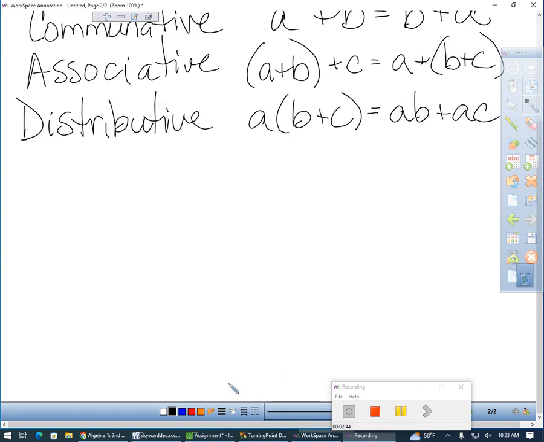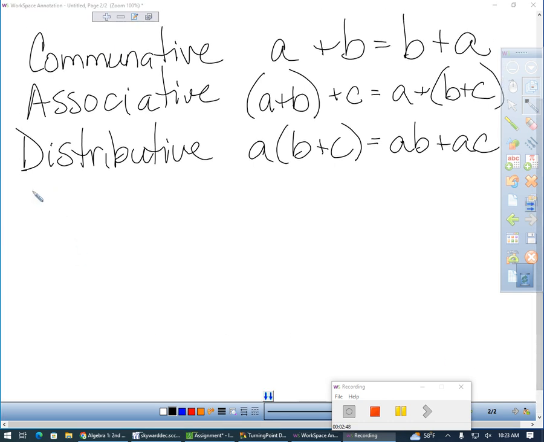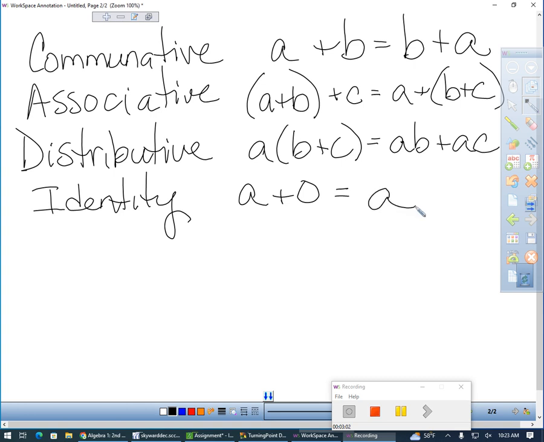All right. Next one I want to talk about is the identity. The identity is the super easy one. Whatever you start with, you finish with. So for example, if I have A plus 0, I'm going to get A. 0 plus A, I'm going to get A. If I have A times 1, I'm again going to get A. So the identity is whatever you start with, you finish with.